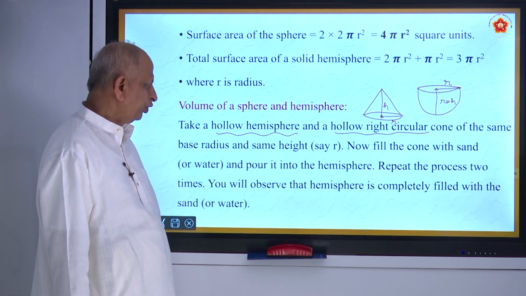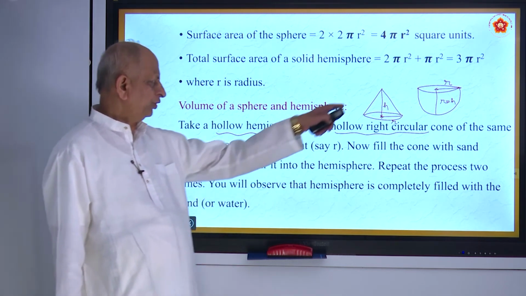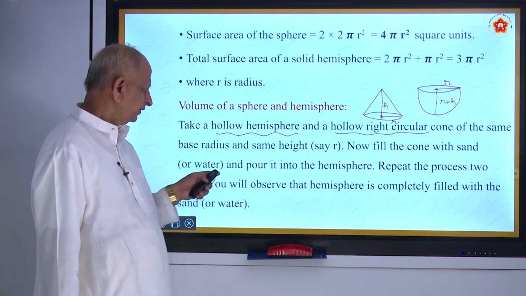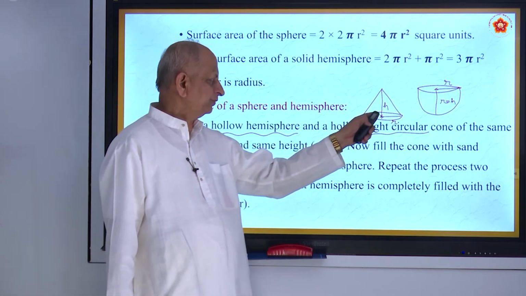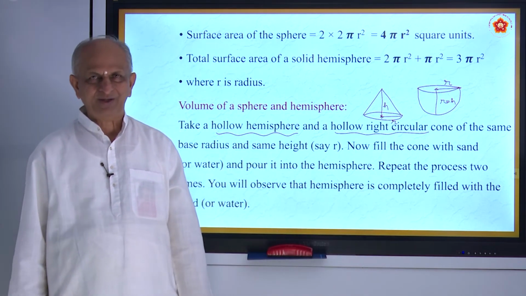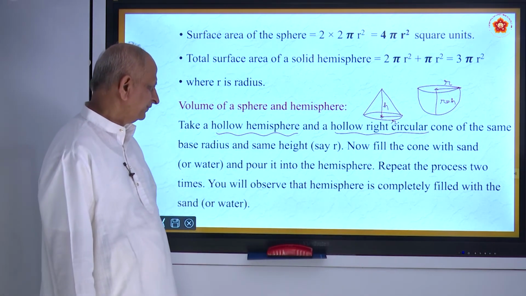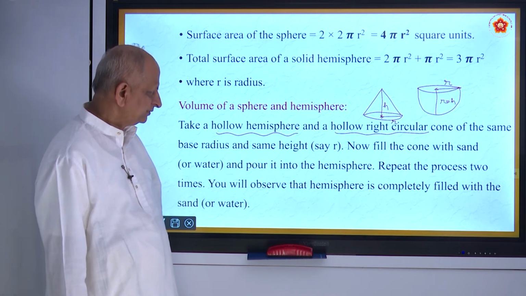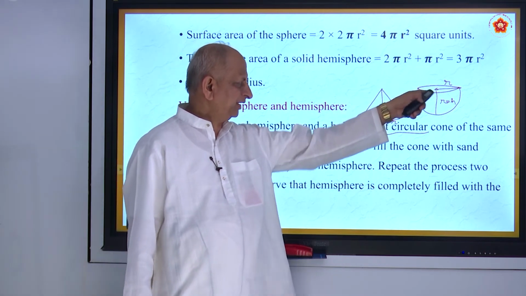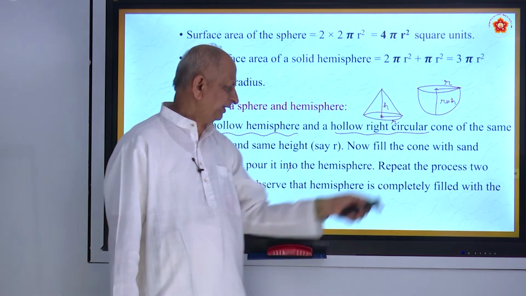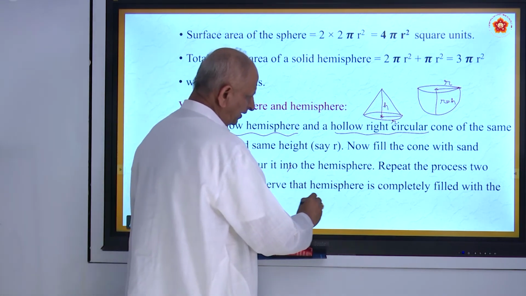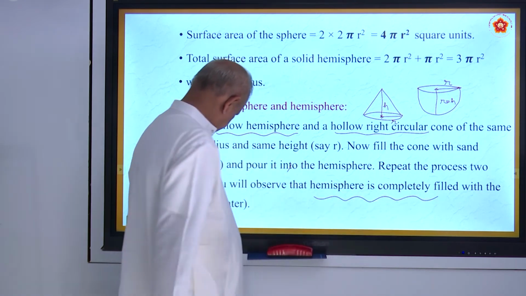Now fill the cone with sand, or water, you can say, and pour it into the hemisphere. You can also do it with a tennis ball. Okay, and repeat the process 2 times. Once you fill it up and put it here, once again fill it up and put it here. So what do you see? You will observe that the hemisphere is completely filled with sand.